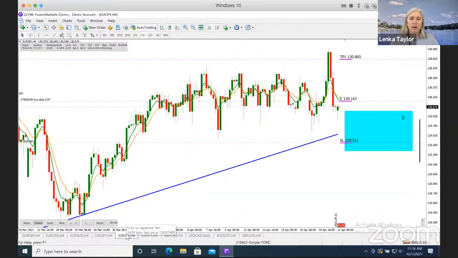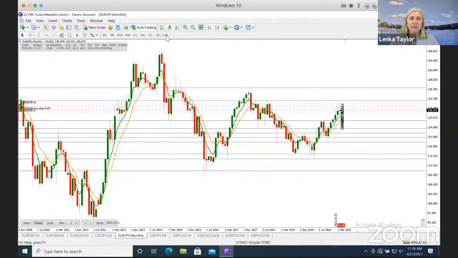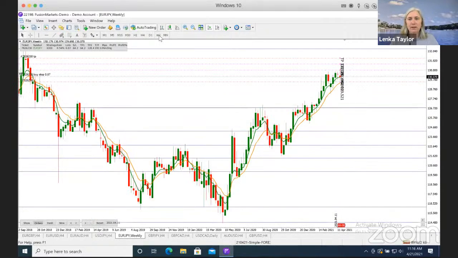So I always think that the higher time frames take a longer time to set up. So if there is a trend on the longer time frame, then it's stronger, I guess.